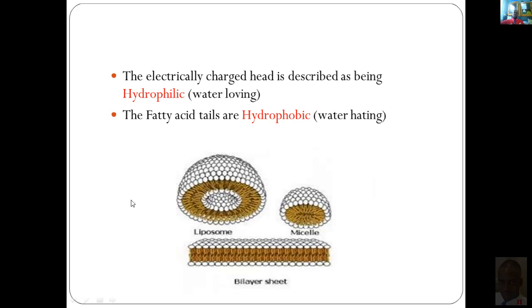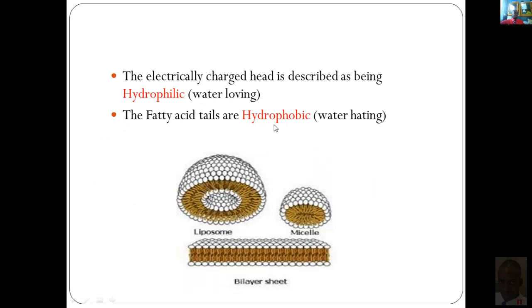When we say it's water loving, we mean that it has a charge, so therefore water can attach to it or form a bond with it, because you know that water is dipolar. It has a positive and a negative charge, weak, but they are there, and so they are always attracted to any molecule that displays a charge on it, whether it be positive or negative, right?